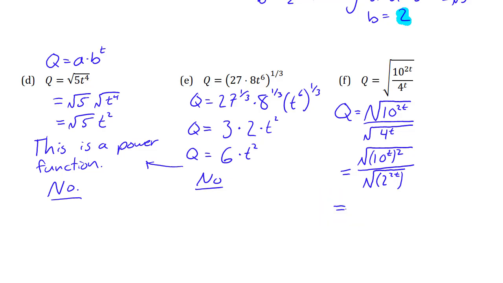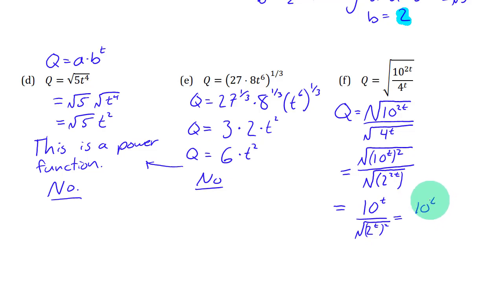And in the top, the square root of something squared just cancels out to give you 10 to the power t. In the bottom, I'm going to do one more step here to write that as the square root of 2 to the power t, and then that's being squared. That will cancel out to give you just 2 to the power t.